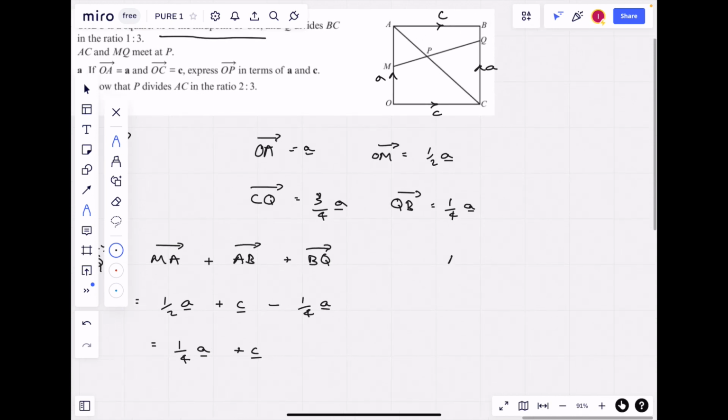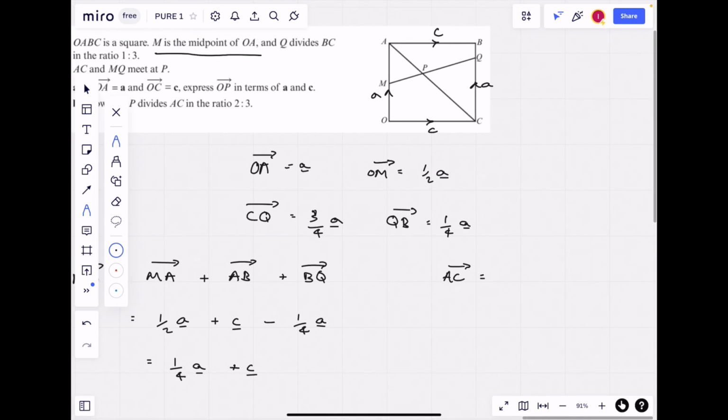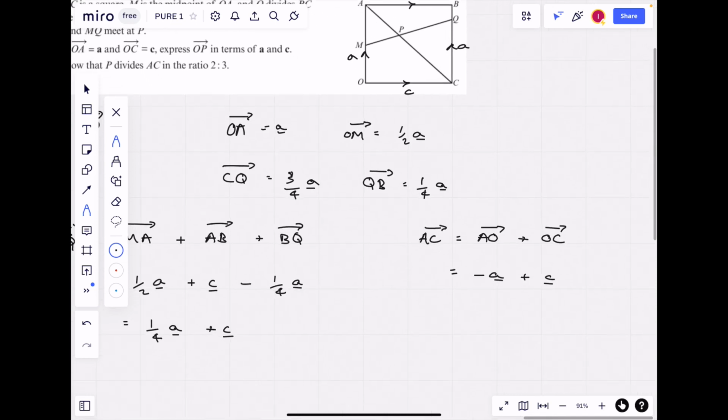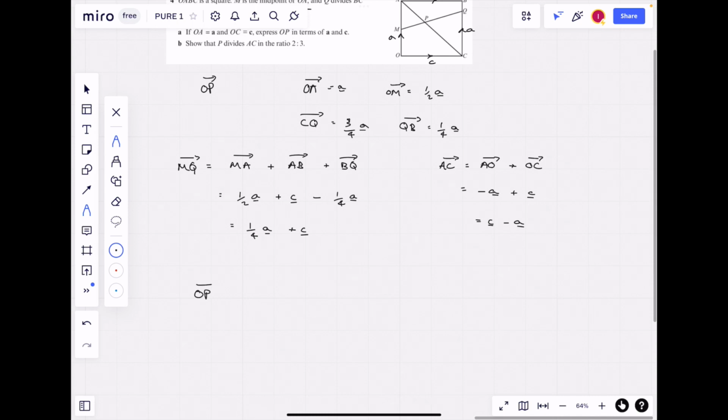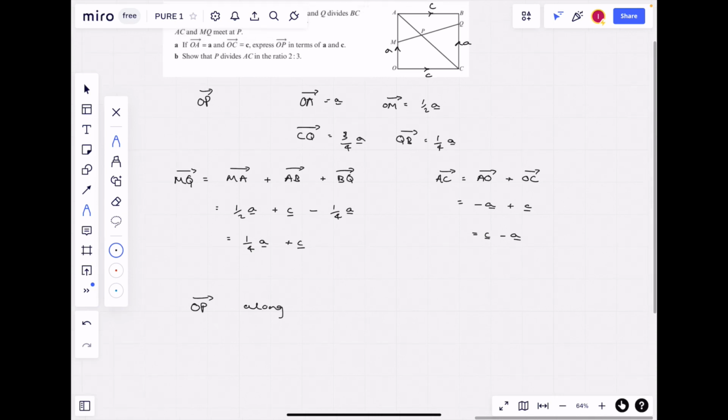Now let's express AC. We can go from A to O and then O to C. A to O is minus A. O to C is just C. So C minus A. Cool, that's that done. Let's express OP in the two different ways. The first one is taking the MQ route. So we have to go from O to M and then a fraction of the way lambda MQ.